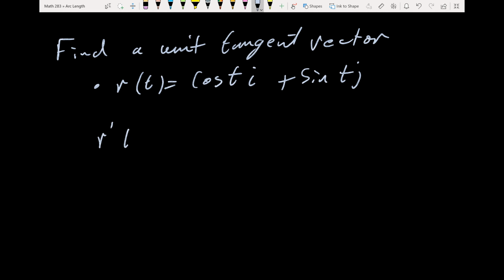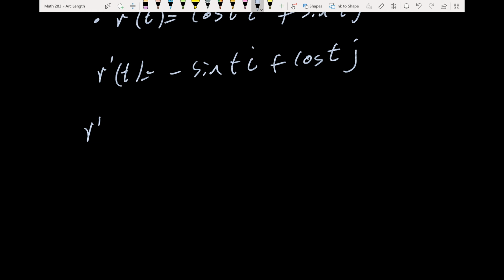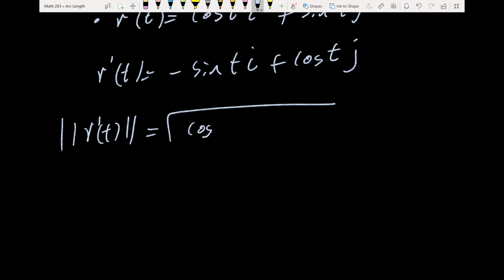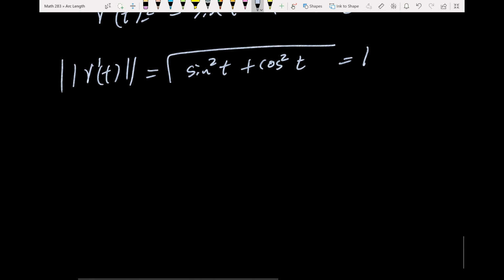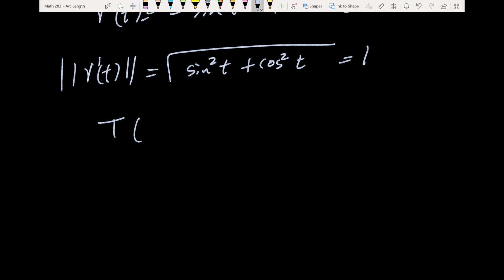So r prime of t is what, guys? Negative sine of t i plus cosine of t j. And what's the magnitude of this? It becomes sine square of t plus cosine square of t, which is just 1. So what's T of t? What's the unit vector?